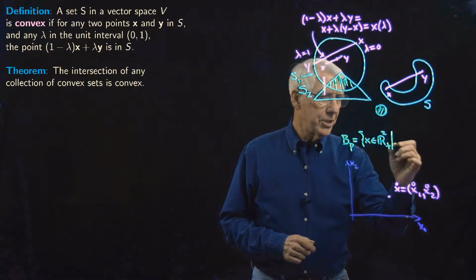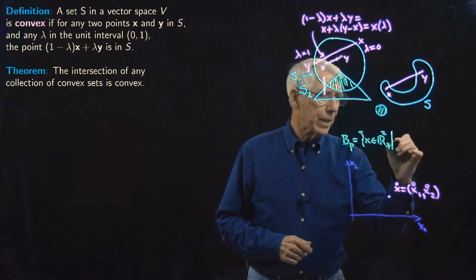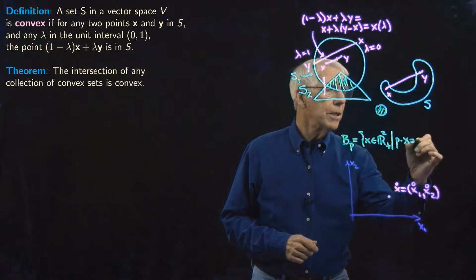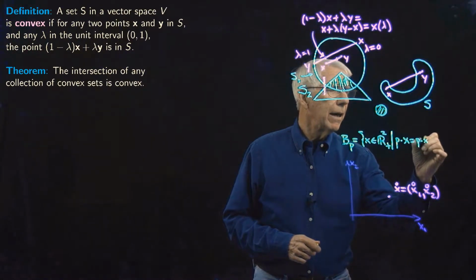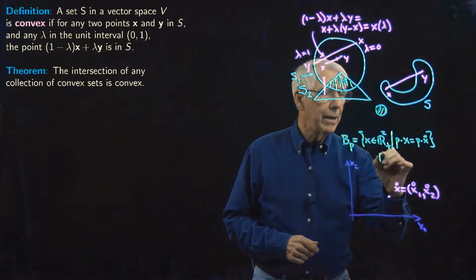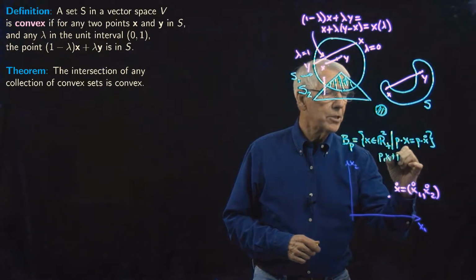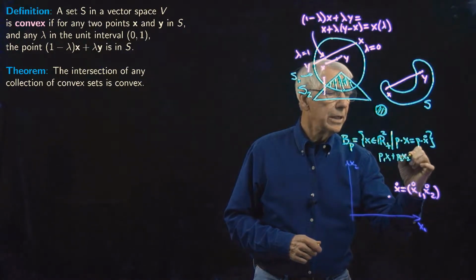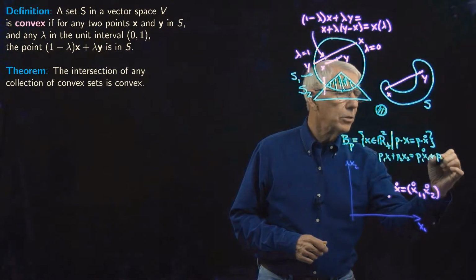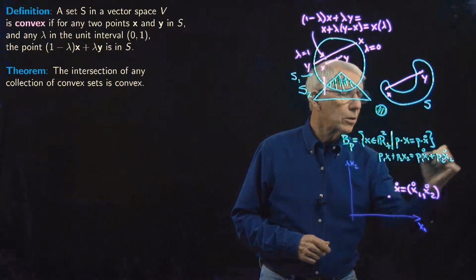And so this is such that P dot X equals P dot X circle. Or put that another way, P1X1 plus P2X2 is equal to P1X1 circle plus P2X2 circle.